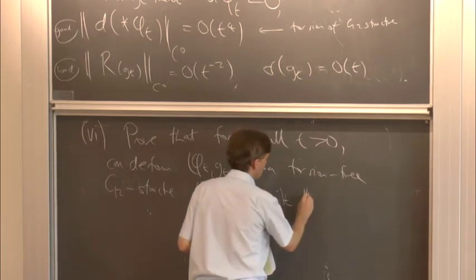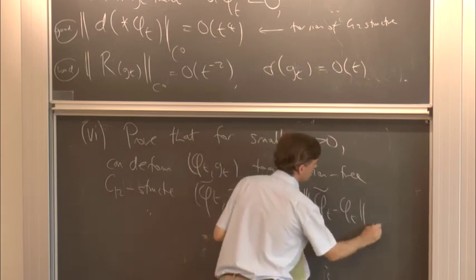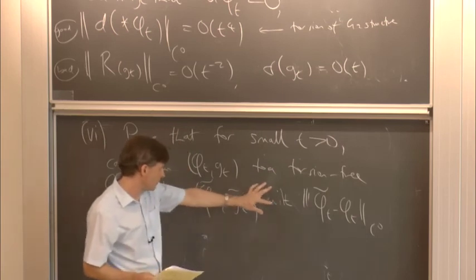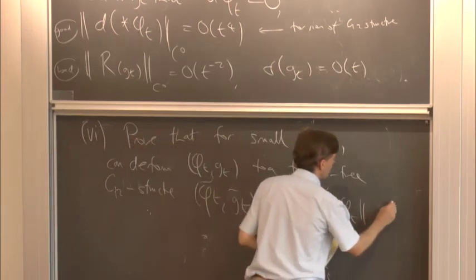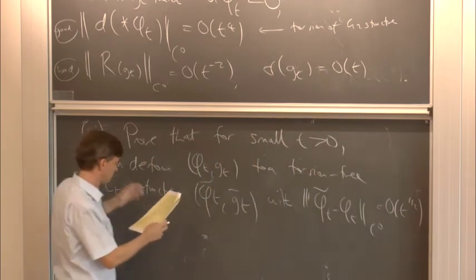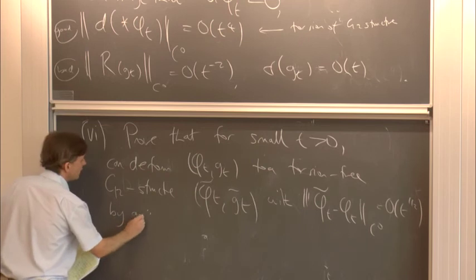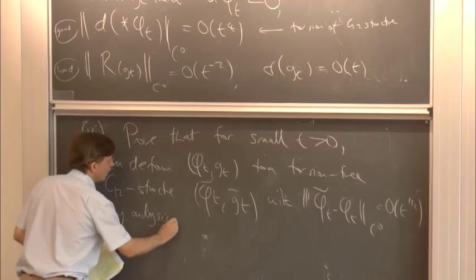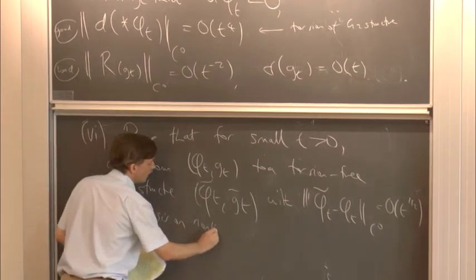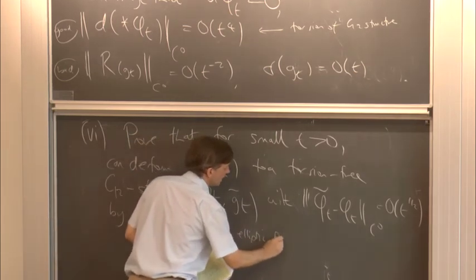So one way of measuring that is that the C0 norm of phi twiddle t minus phi t is of size around about t to the half. And this is by analysis of some nonlinear elliptic PDE.